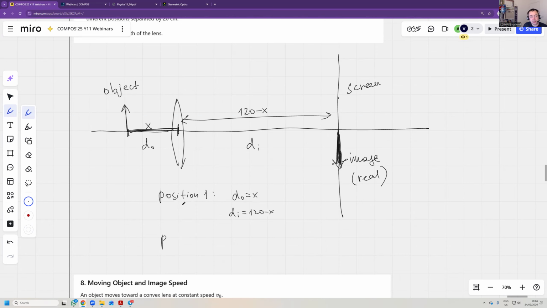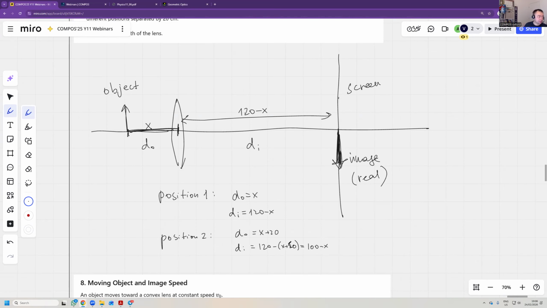And then we move it by 20 centimeters, position 2. d0 is x plus 20, and di is going to be 120 minus (x plus 20), and that's equal to 100 minus x.